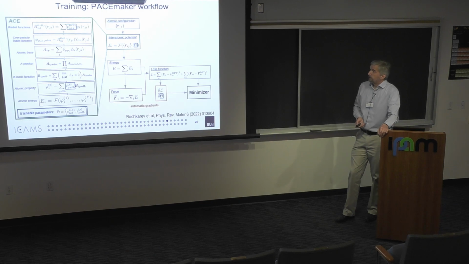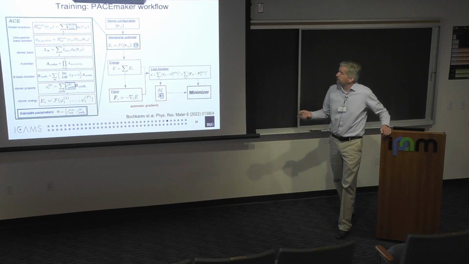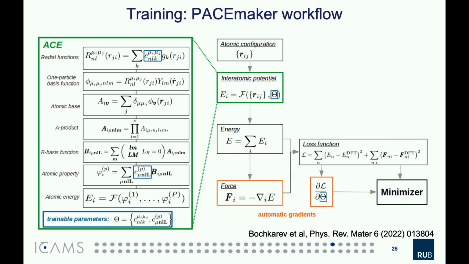Okay. So then we go to training. We have as input for training atomic configurations, and we want to attach energies to the atomic configurations. And these energies, of course, depend on the distances, so on all the atomic positions, but also on trainable parameters.